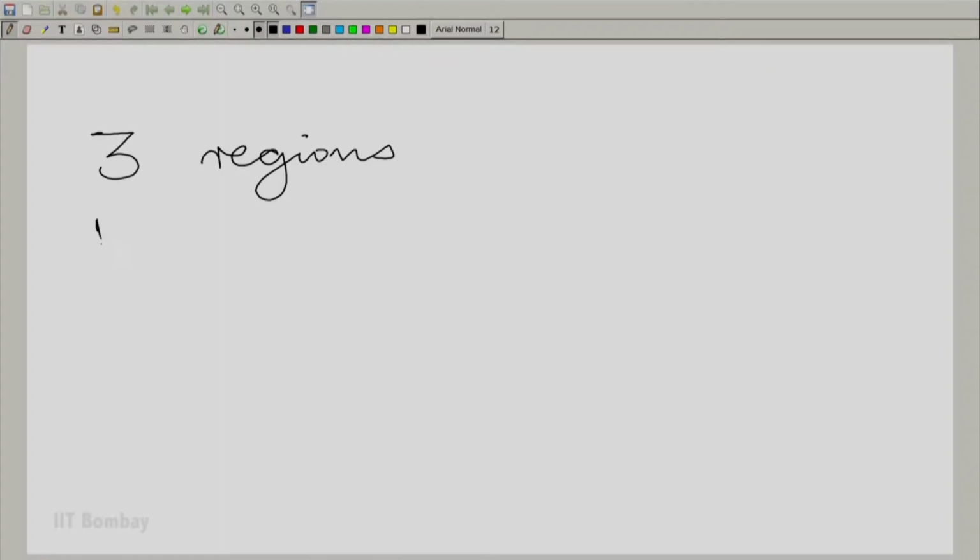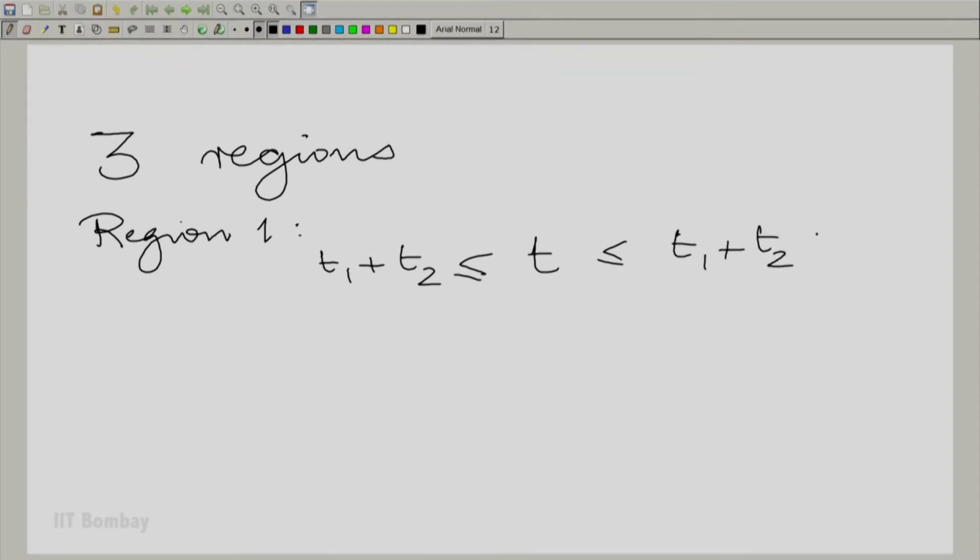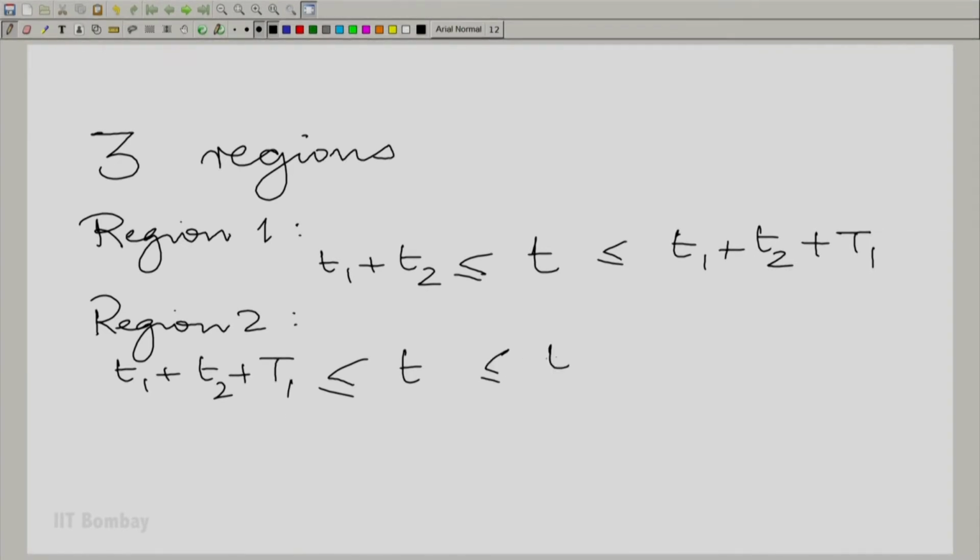So, we had identified three regions. The first region was t greater than or equal to t1 plus t2 and less than or equal to t1 plus t2 plus capital T1. Region 2, t goes from t1 plus t2 plus capital T1 to t1 plus t2 plus capital T2.